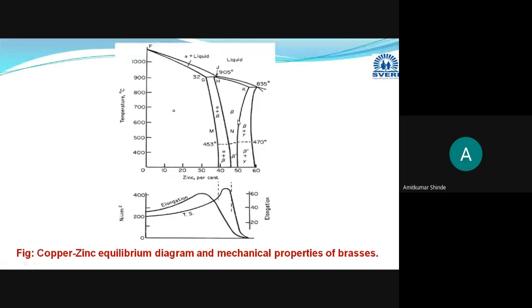We are not using the ones above this, after this 453 degrees celsius, because there will be brittleness in all those alloys. That's why we are not using these in our practical life. Up to 44% only we are using in practical life, these types of brasses, either alpha brass or alpha beta brass.